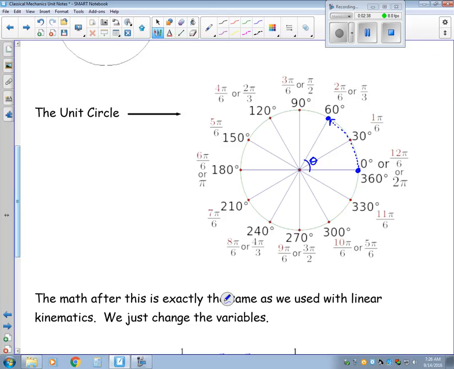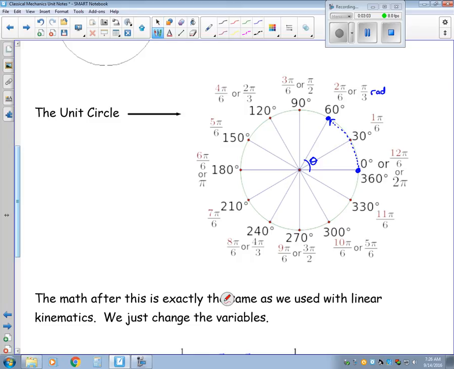But it's also pi over 3 radians. We use rad for radian. So there's a similarity between degrees and radians, and we want to understand what is the relationship between a degree and a radian.